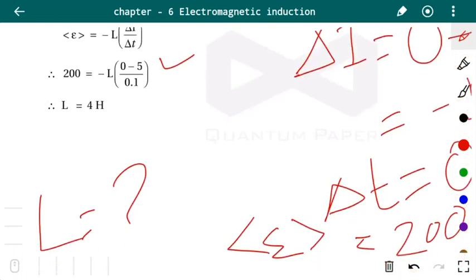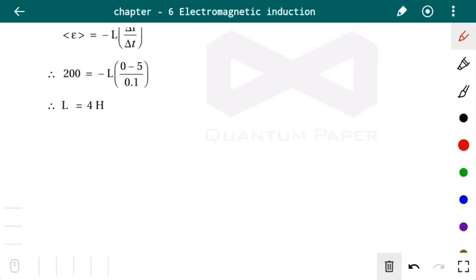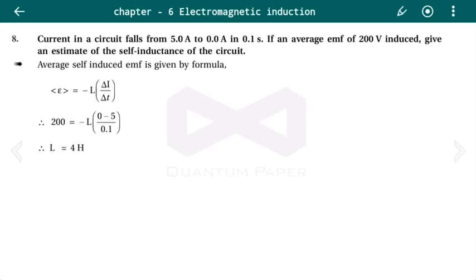Induced EMF is 200. So when we solve this we get 4 Henry. So the self-inductance of the circuit equals 4 Henry. So students, you may copy down this numerical.